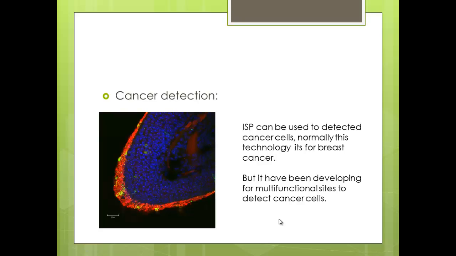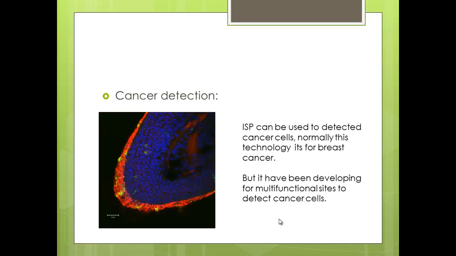Another technique we can use in image processing is cancer detection. Cancer detection can be used to detect cancer cells. Normally, this technology is for breast cancer. In Mexico, most of the cancer being developed is breast cancer. So it's a good technique to have a good diagnosis and to develop new equipment.